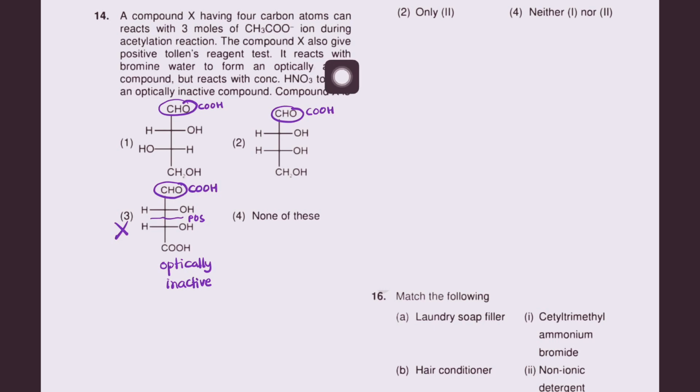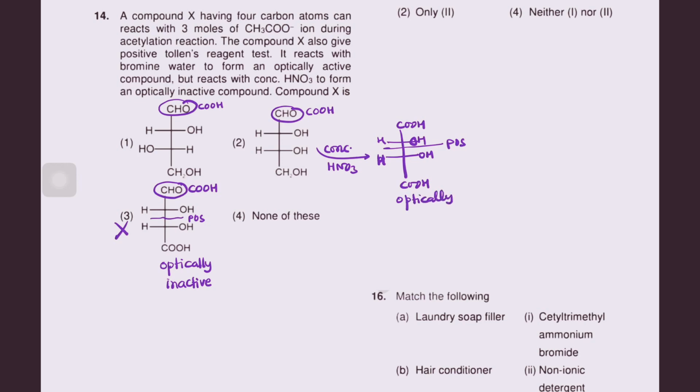Okay, let's move further. It reacts with bromine water to form an optically active compound, but with concentrated nitric acid to form an optically inactive compound. If you react it further with concentrated nitric acid, the top group will also get oxidized and the bottom group will also get oxidized to carboxylic acid. Now it is becoming optically inactive because a plane of symmetry is there. So this is again eliminated.